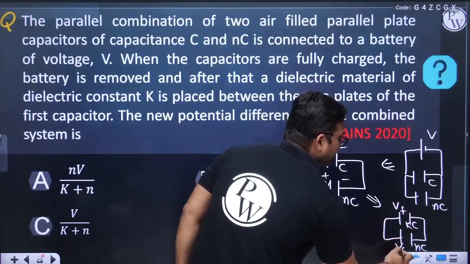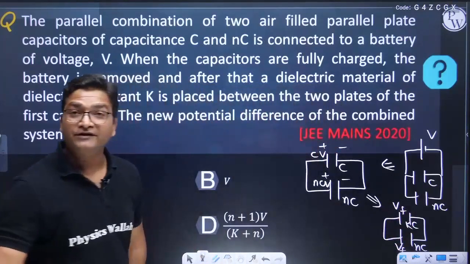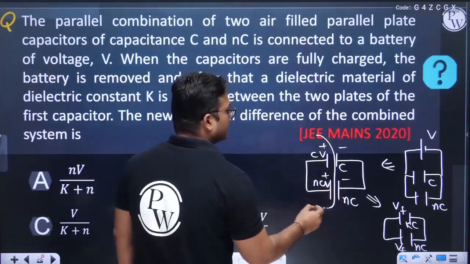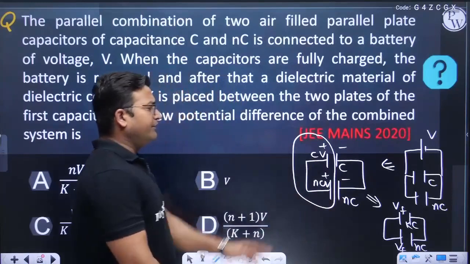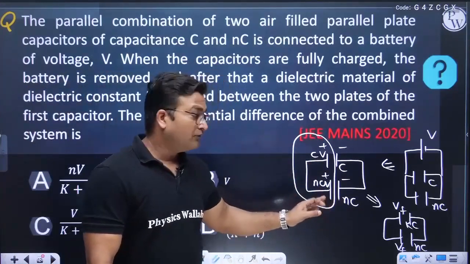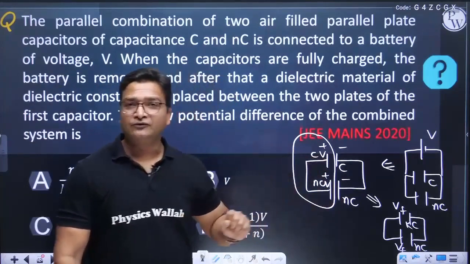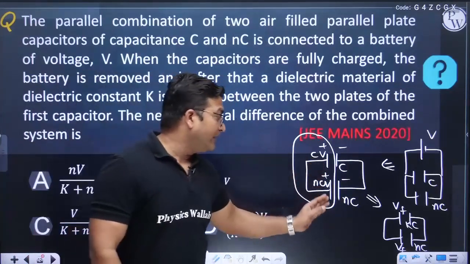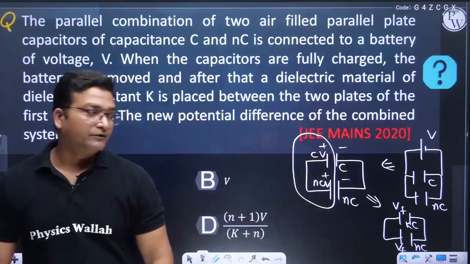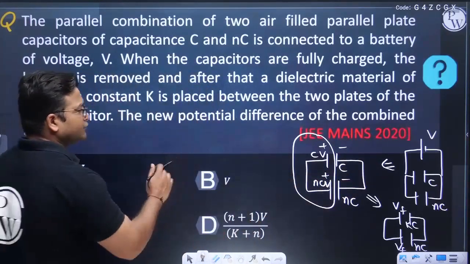As they are in parallel, the potential on both would be V final, and we will now conserve the charge of these two plates, as the charge of these two plates will remain between these two plates, since they are electrically isolated from the right part. So let's write conservation of charge.